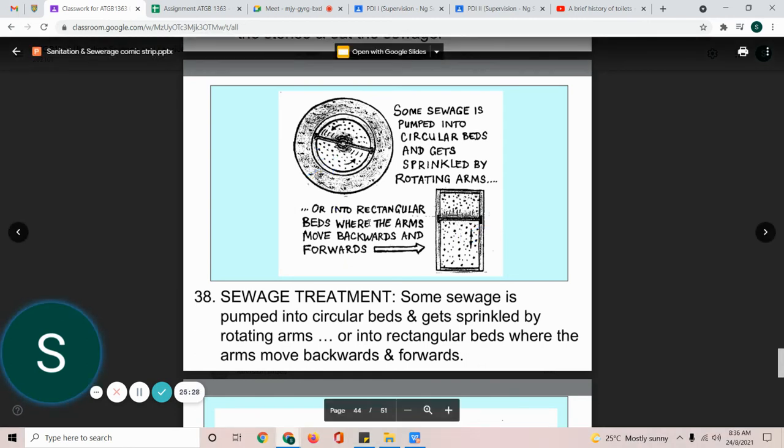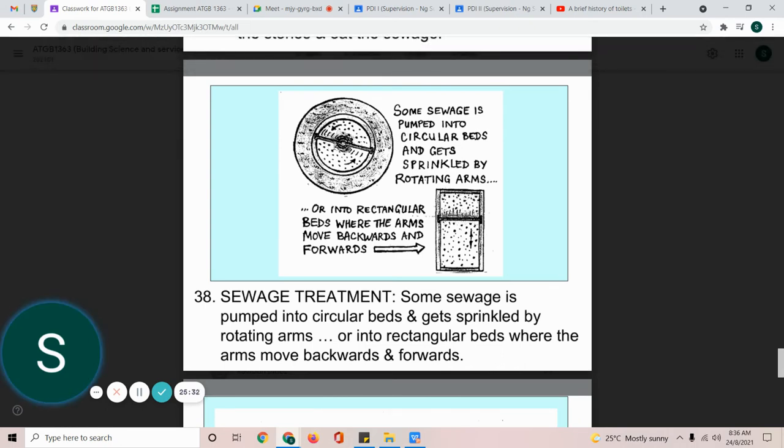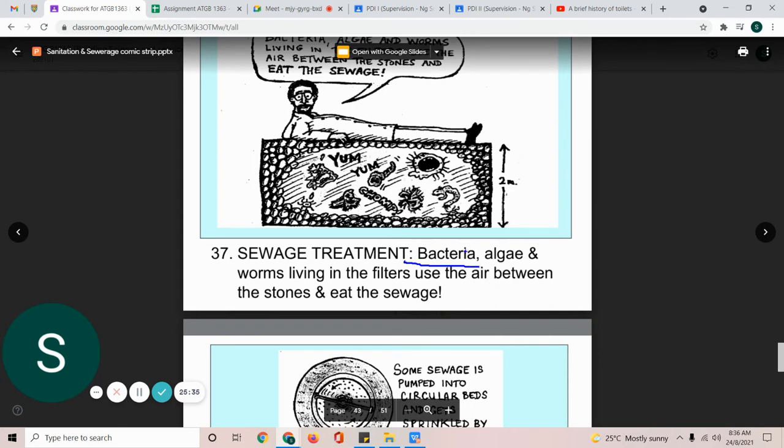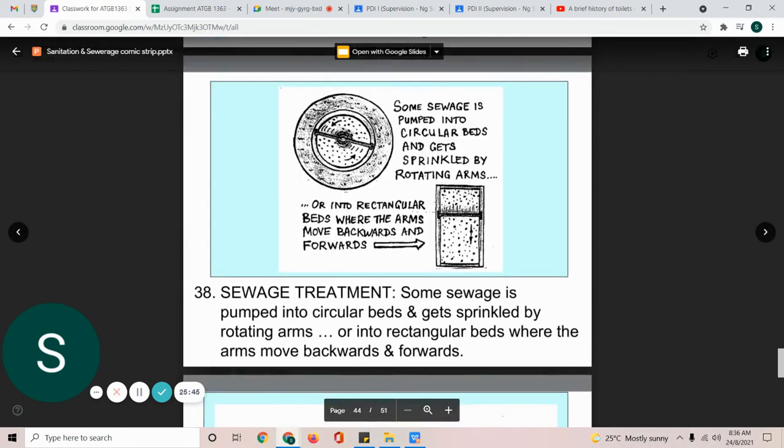As more oxygen is absorbed, it provides the necessary oxygen for the bacteria. So with more bacteria and a lot of food, they will grow very happily, eating and replicating.